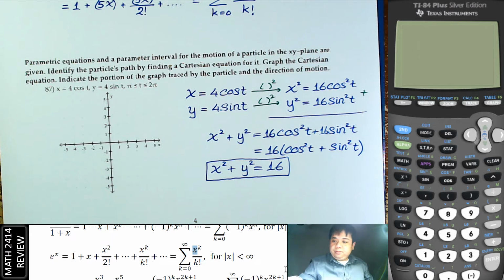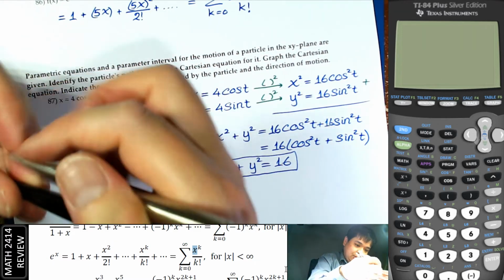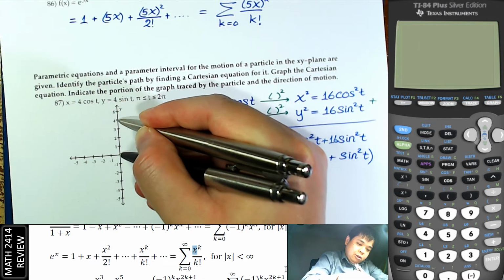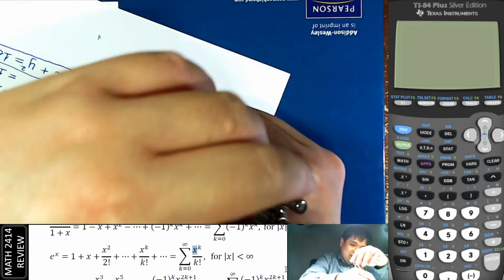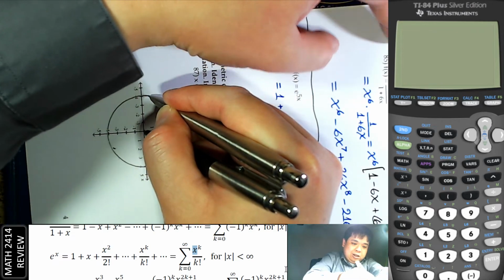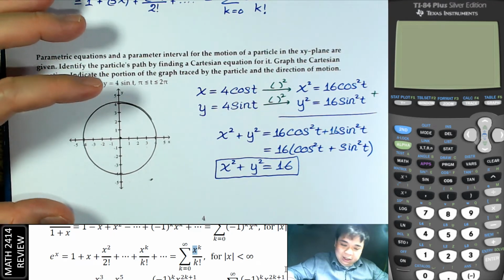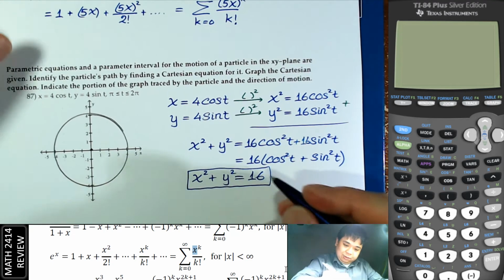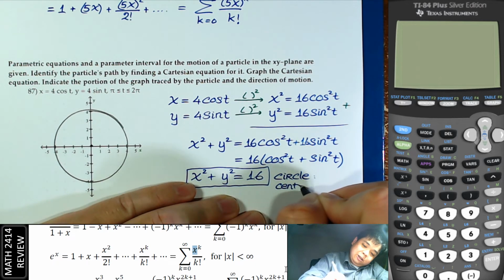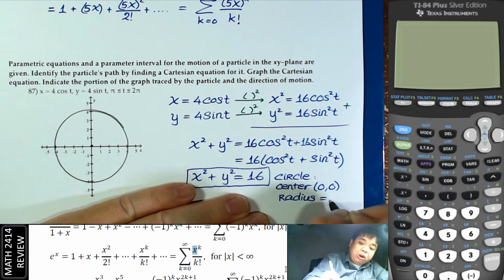So this is a circle, center at 0, 0, radius 4. But we're not done.